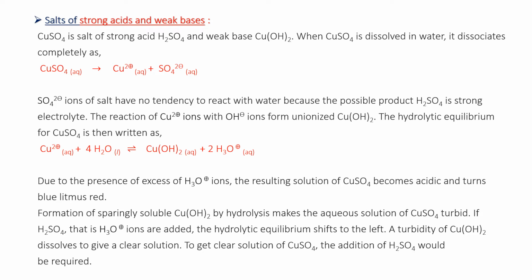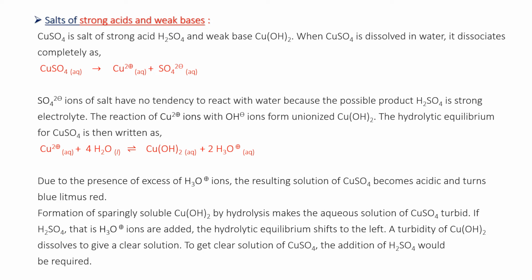If you add H2SO4 to that, your hydrolytic equilibrium shifts to the left, and the turbidity of copper hydroxide dissolves to give a clear solution. So to get a clear solution of copper sulfate, what is the requirement? We have to add excess, or extra, sulfuric acid to that.